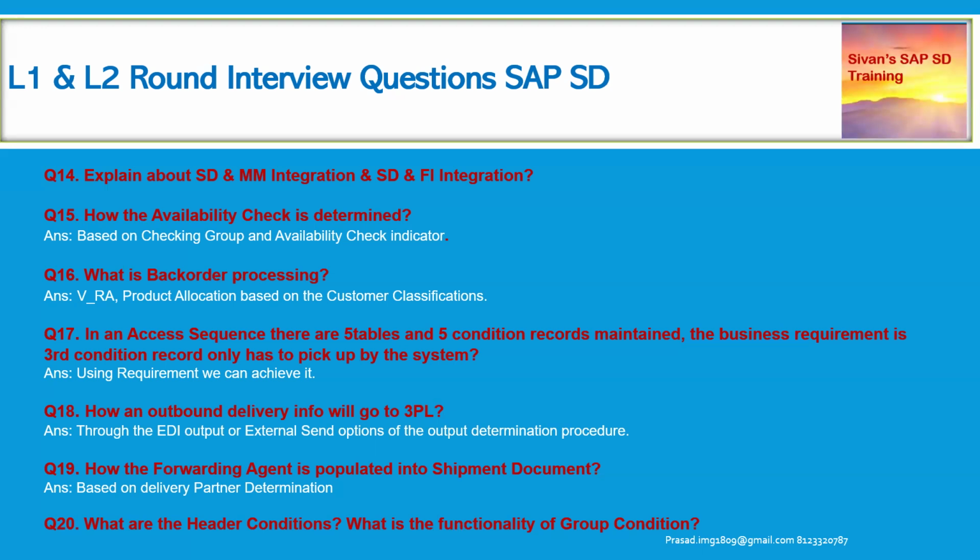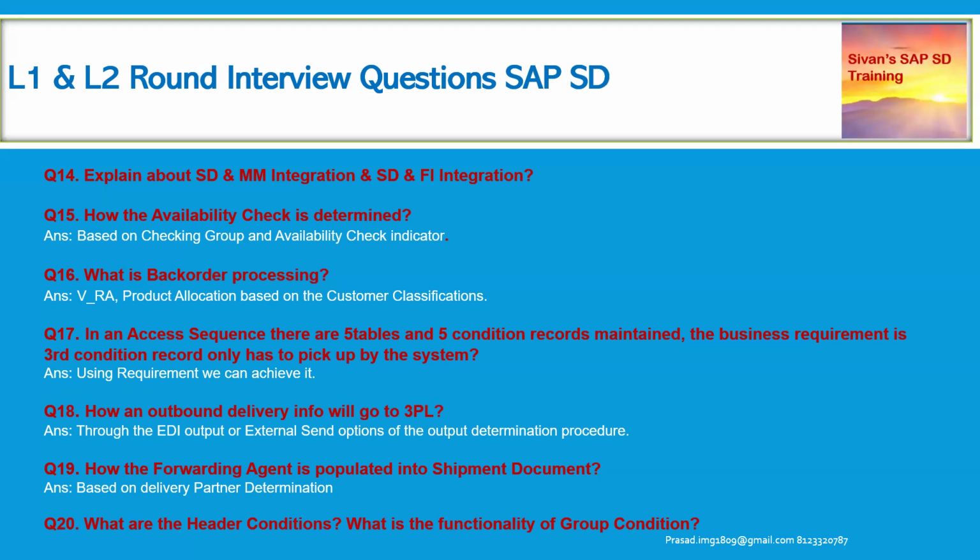In a similar way, for SD and FI integration, we need to explain that the moment we assign the sales organization to the company code, the entire sales related activities are populated onto the accounting. And then while creating the customer account group and number ranges, we integrate with them.